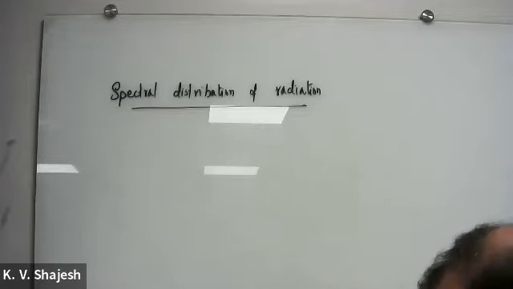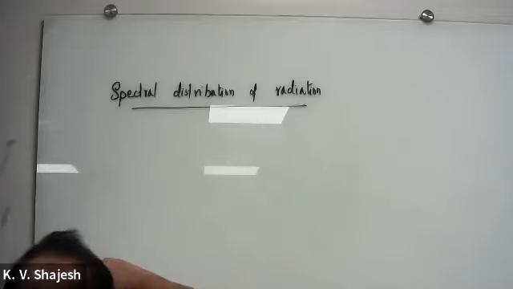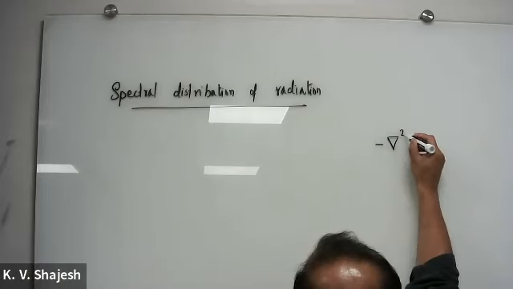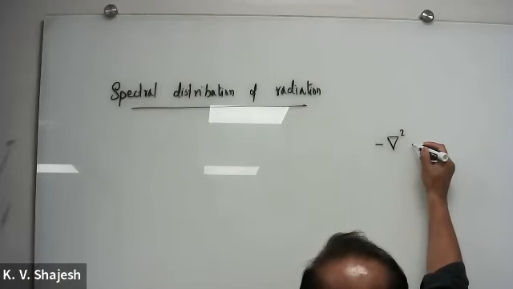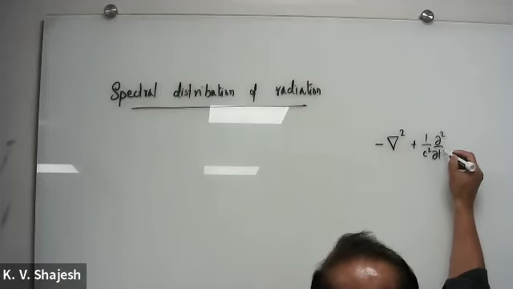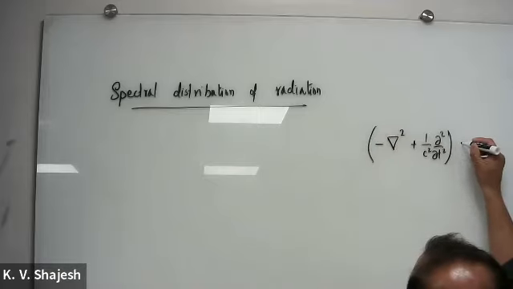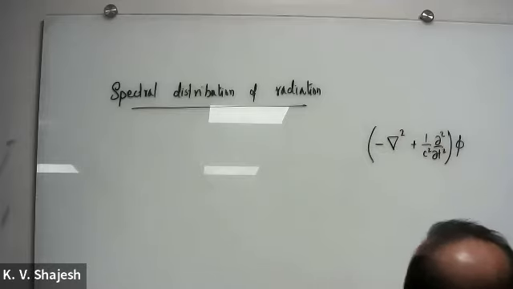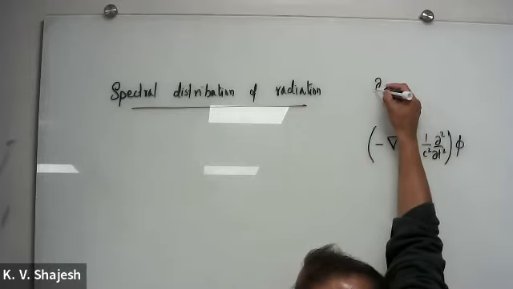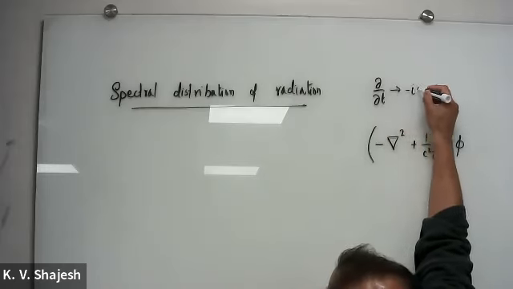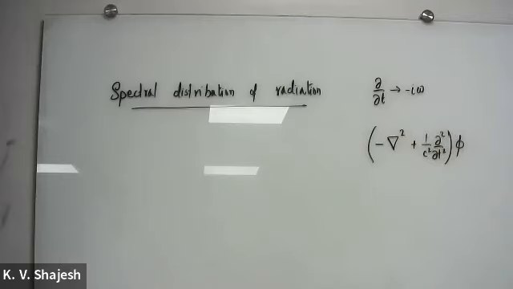And we showed that, remember, we have negative del squared plus 1 over c squared times the second partial derivative of phi. That's our wave equation. A suitable way to go into Fourier space is to replace all the derivatives with minus i omega. You immediately say that we are working in the frequency domain.